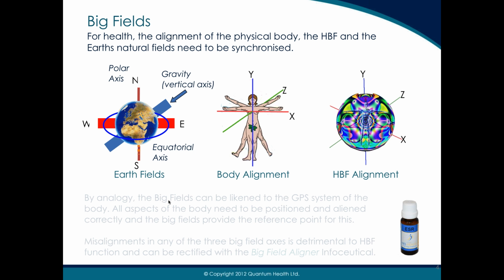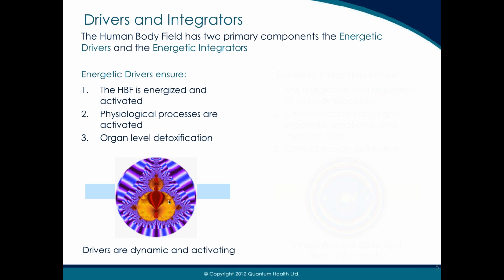When the axes are not good enough, the GPS system of your body is out of position. There is no correct alignment, and the big fields provide the reference point to be aligned. So you need the big field aligner to help your client or yourself to be aligned. And this is just coming out of the scan.